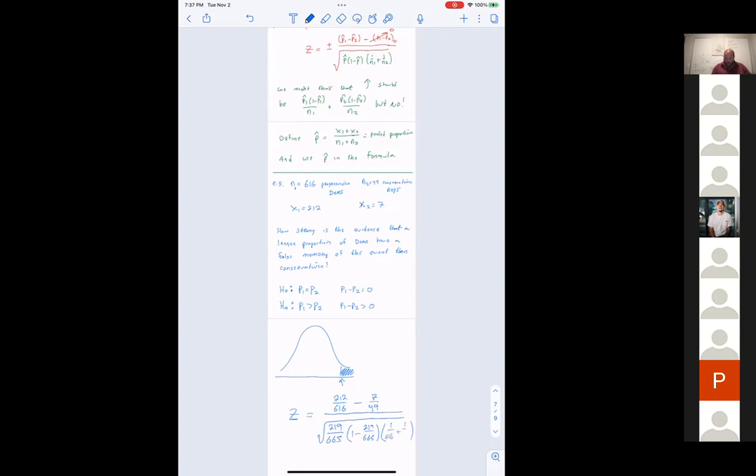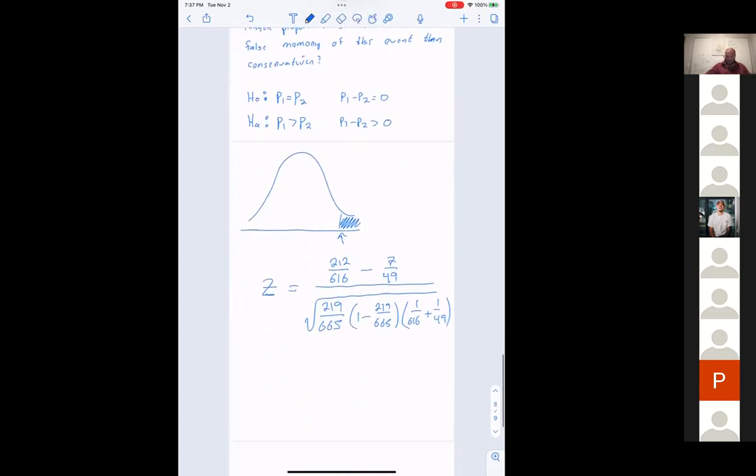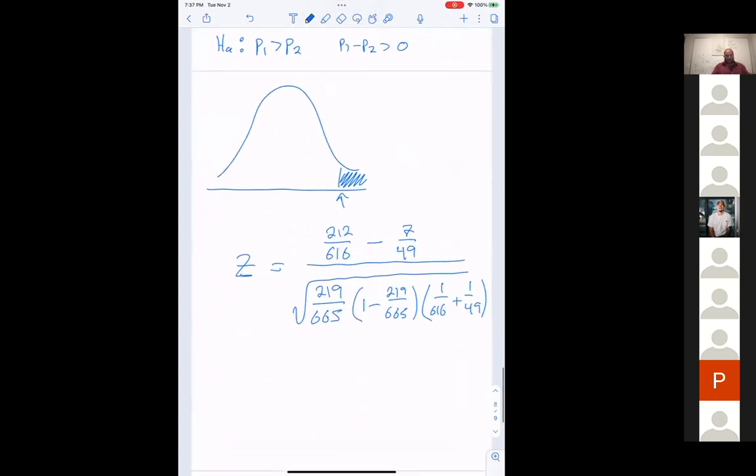Plus 1 over N2. What's N2? 49. All right. Now, Professor, it doesn't matter that their samples are small? No, it doesn't matter. At least the book doesn't stress that. Only for confidence intervals.